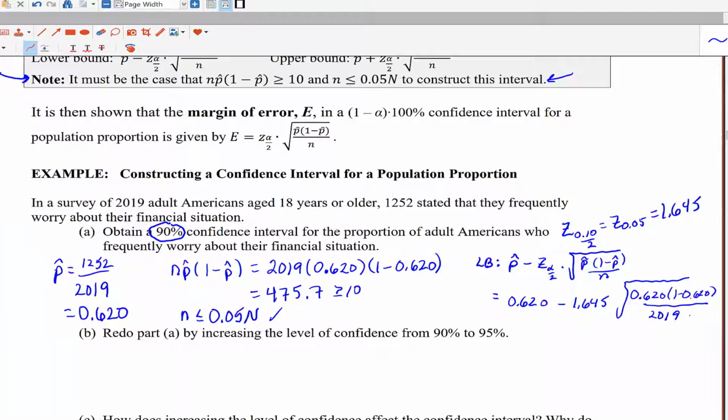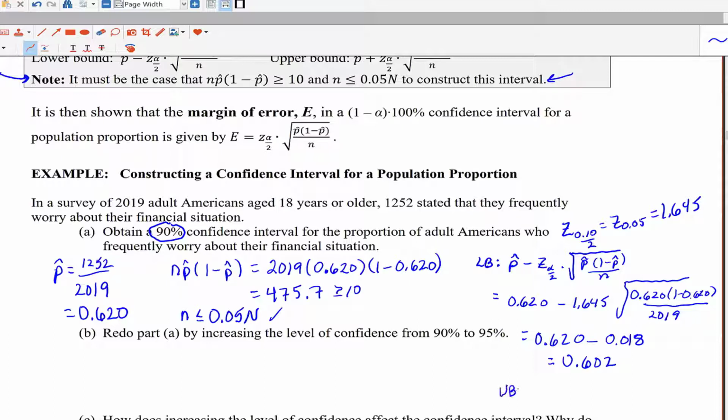And I get, I'm going to write this down to the same number of decimal places, 0.018. And so now I do 0.62 minus 0.018, and I get 0.602.